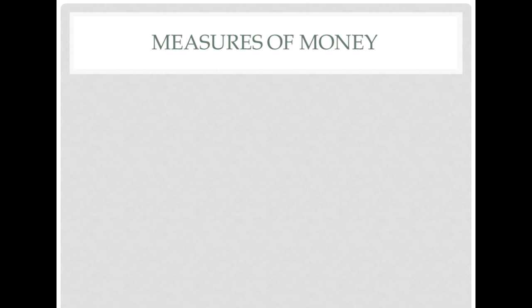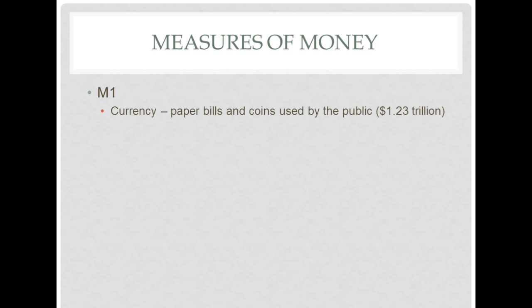And lastly, we want to talk about how we measure our money, and this is going to be very important for this unit going forward. The first category of money we call M1. And M1 is very simple. It's essentially made up of a few things. The first of which is currency, that stuff that we carry around in our pockets, paper bills and coins used by the public.